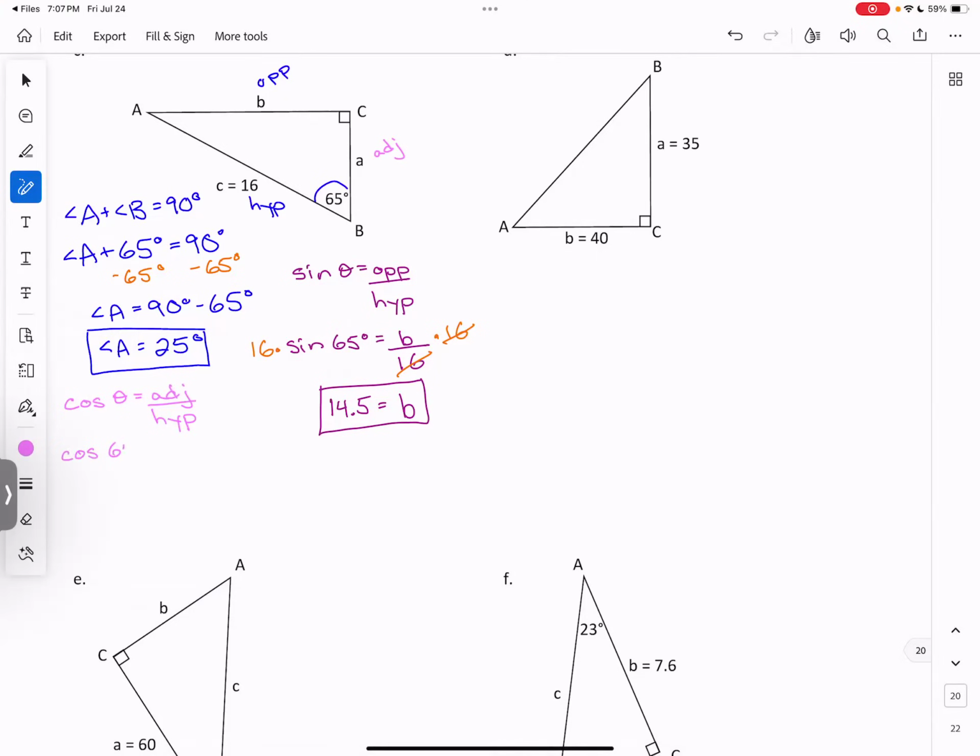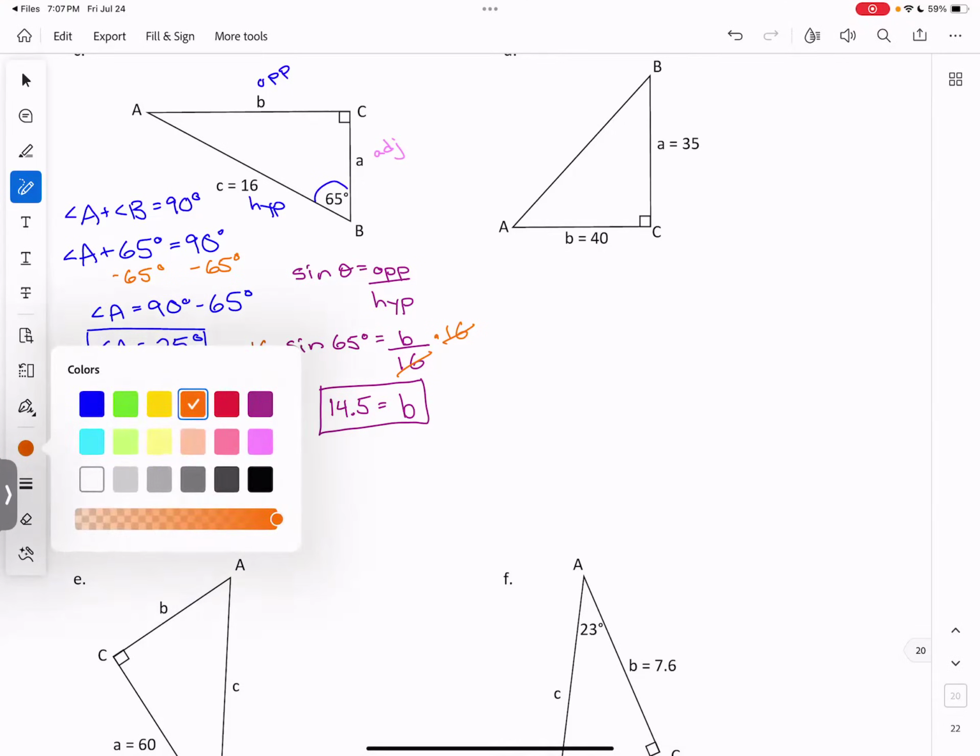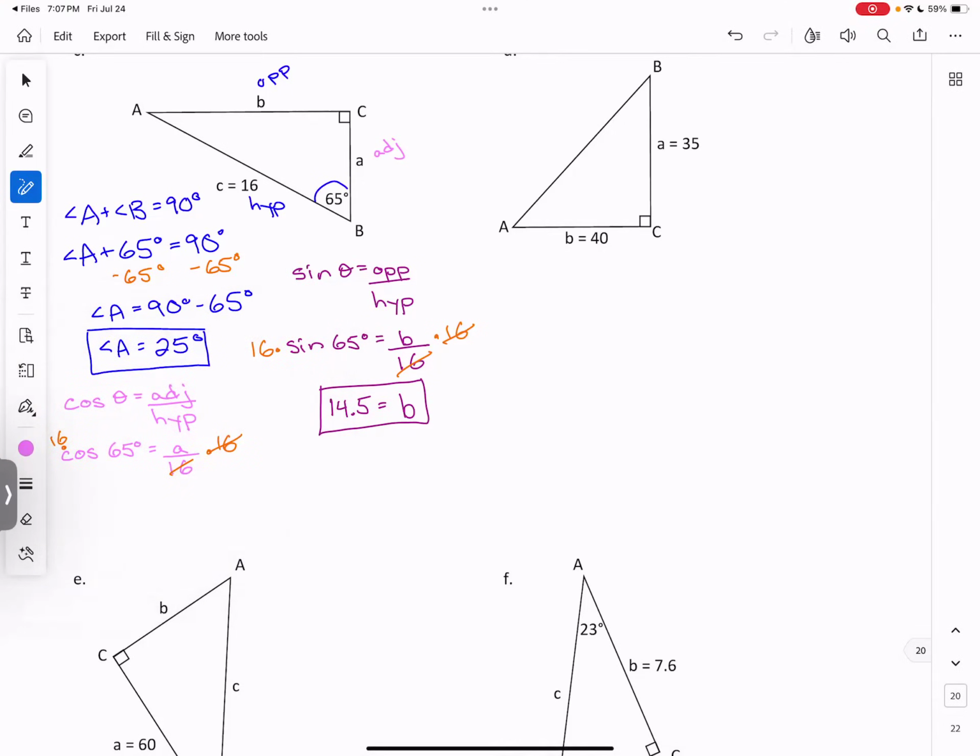So here, cos of 65 degrees is little a over 16. We multiply both sides by 16, and I get little a is 16 times cos 65. To one decimal place, that gives me 6.8. Now we've solved all of our angles and all of our sides, so we're done.